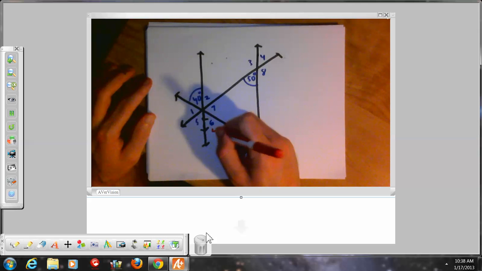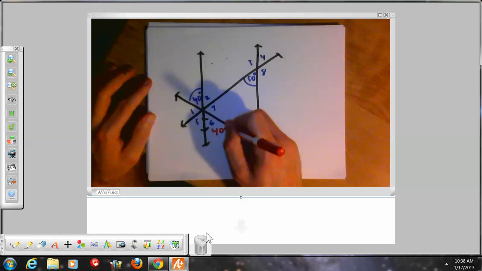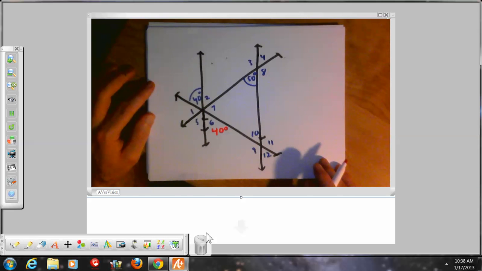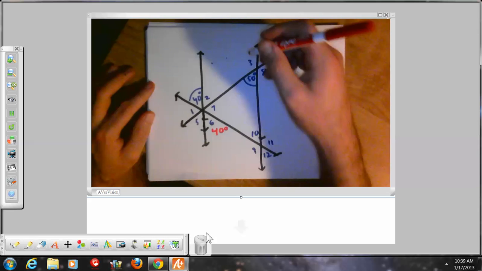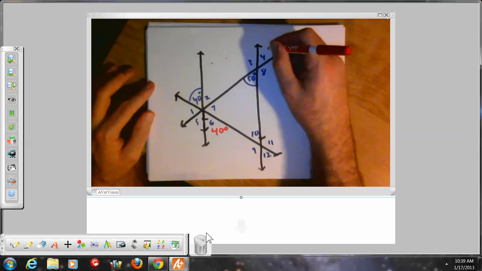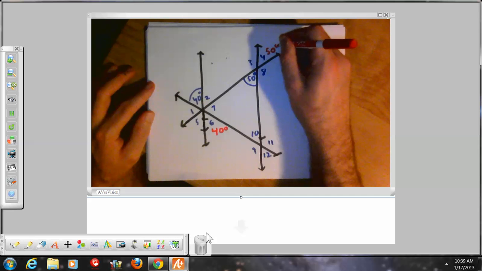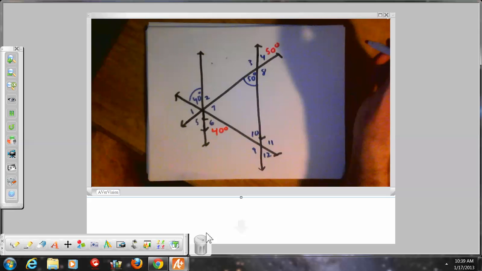So this is also going to be 40 degrees. Right? And what else do we know? Well, this over here is going to be 50 degrees because these are also vertical angles.